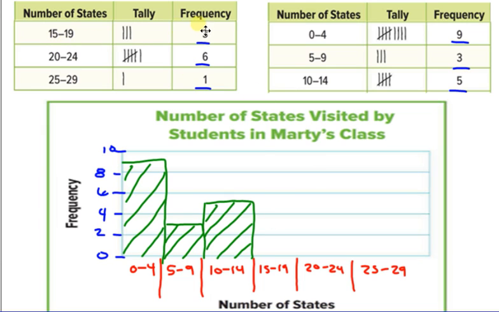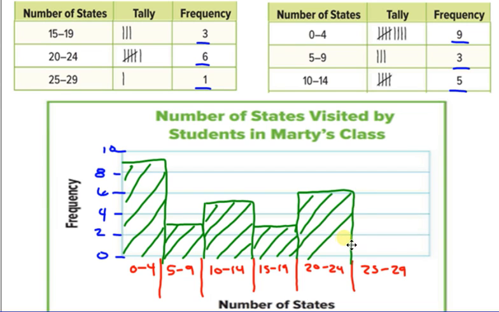For my 15 to 19, I have a frequency of 3. For my 20 to 24, I have a frequency of 6. And for my last one, 25 to 29, I have a frequency of 1.